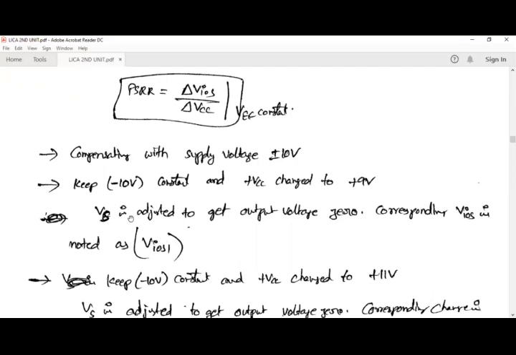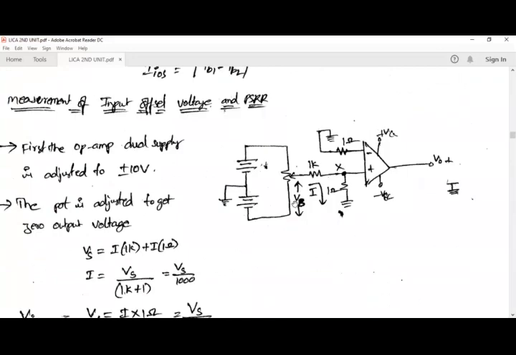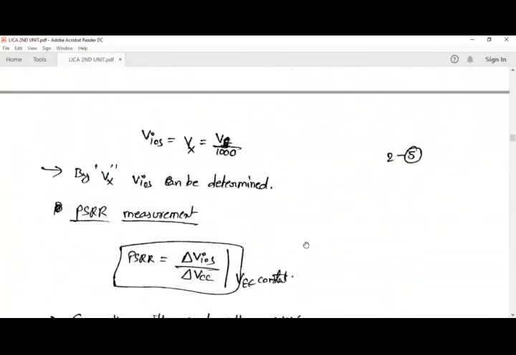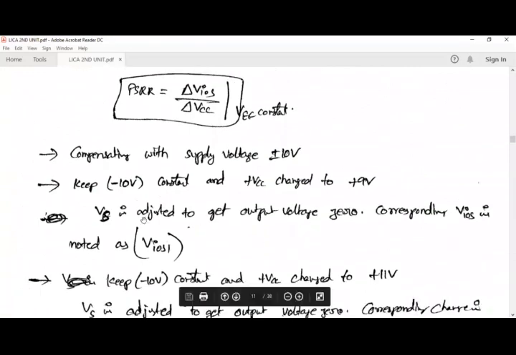Now Vs is adjusted. By using this pot, we are going to adjust Vs such that the output voltage becomes 0. Then we are going to note down VIOS1, the input offset voltage.